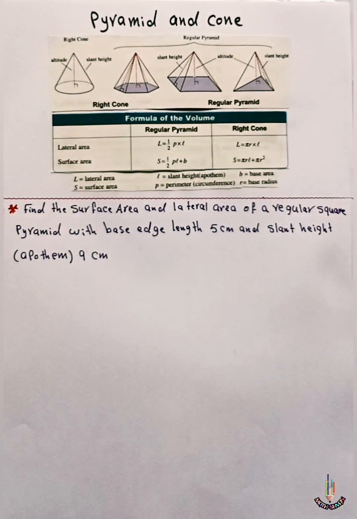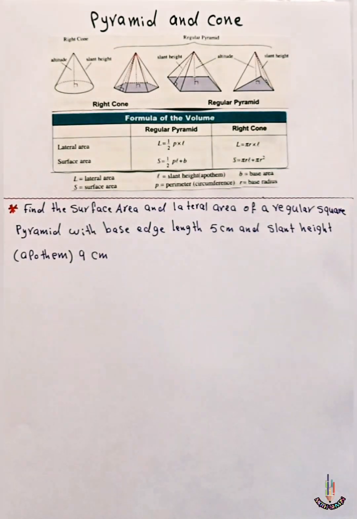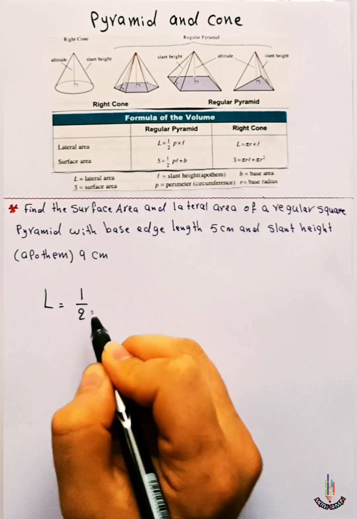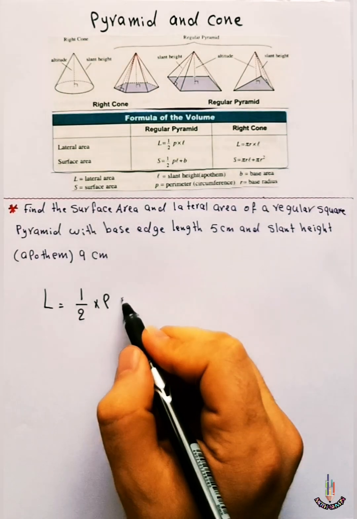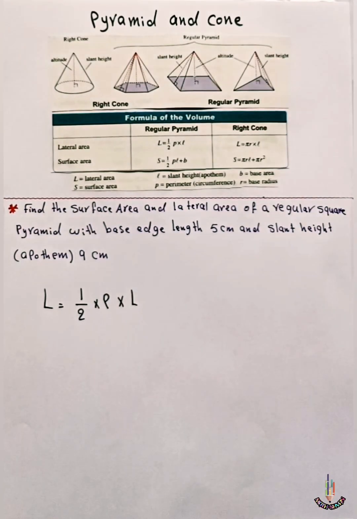Example number 1. Find the surface area and lateral area of a regular square pyramid with base edge length 5 cm, and slant height, apothem, is 9 cm. So the lateral area, the rule is 1/2 multiplied by the perimeter multiplied by the apothem, slant height.